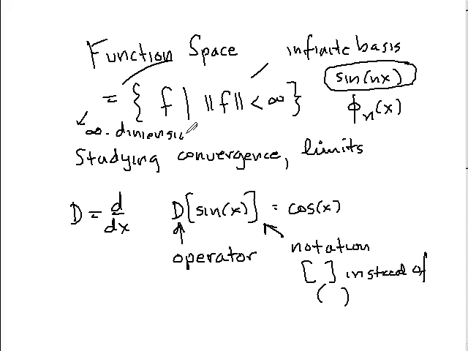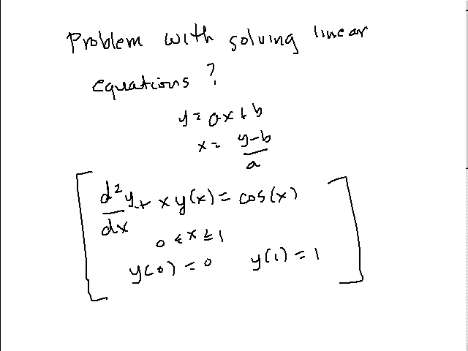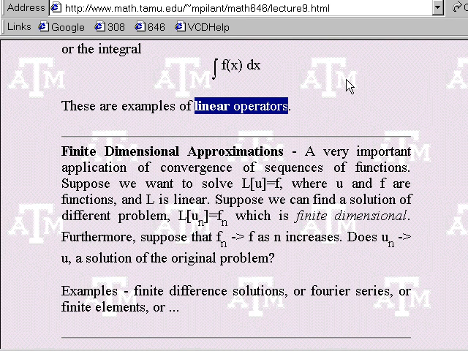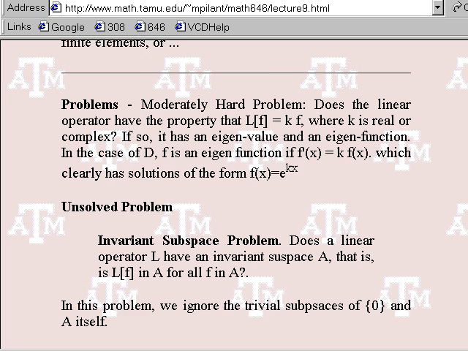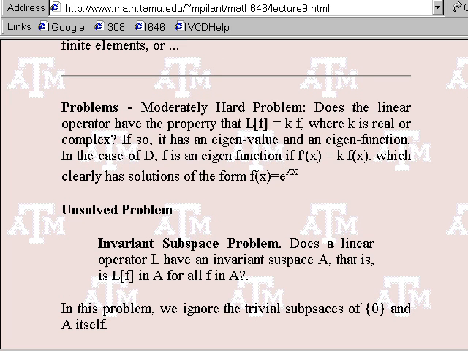That is the problem. Because when you have an infinite dimensional space, it becomes more difficult to pin down null sets, things that get mapped to 0, and uniqueness and all this kind of stuff. At the very bottom, there are some open problems, which I'll describe to you in just a second.